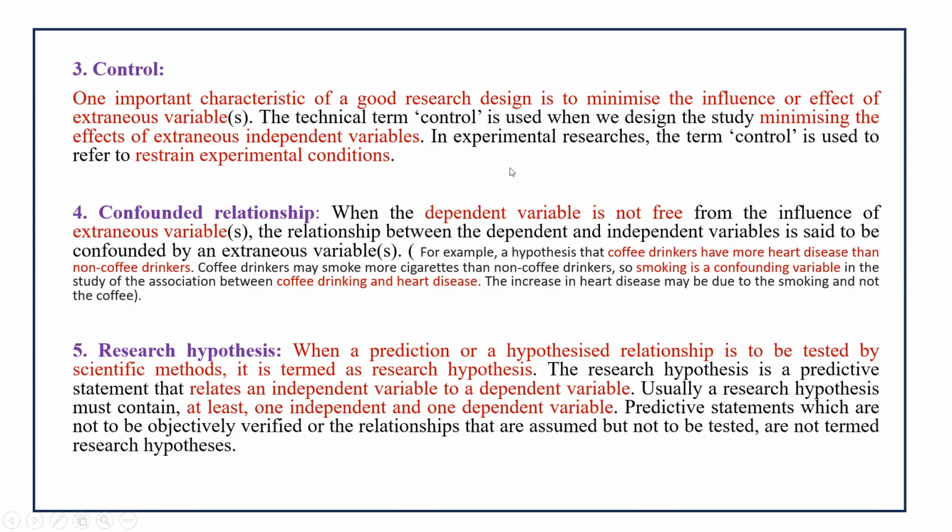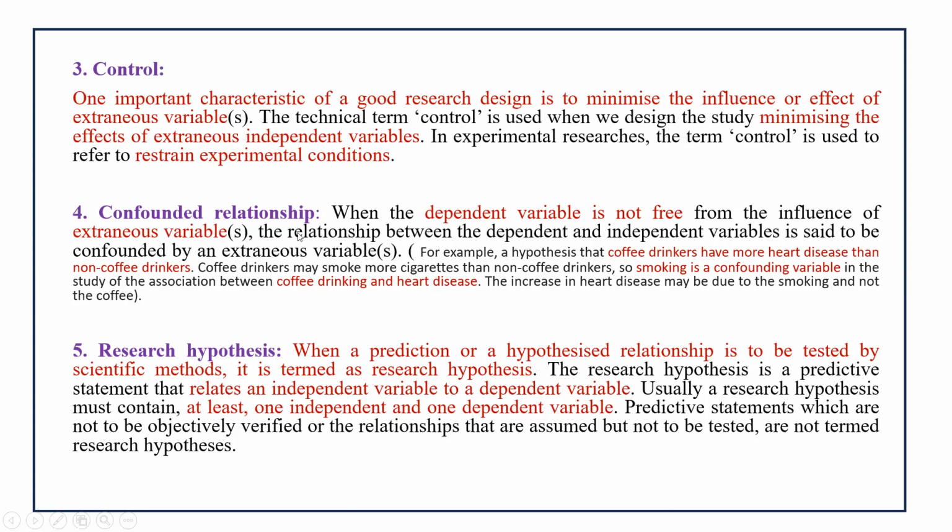So control will help to design the study in such a way that it will minimize the effects of the extraneous variable, and thus control is very important and always used in experimental conditions.